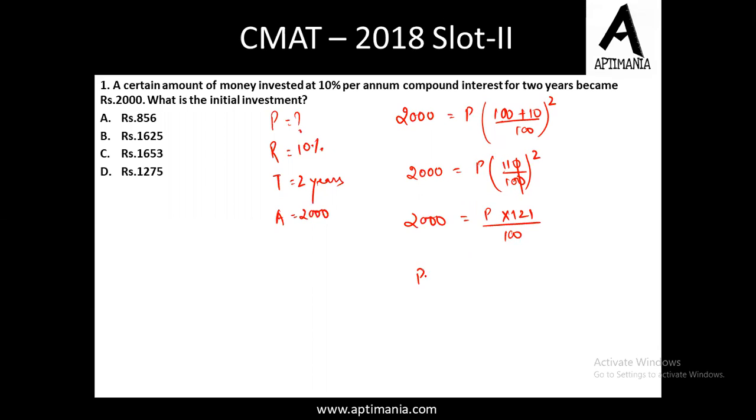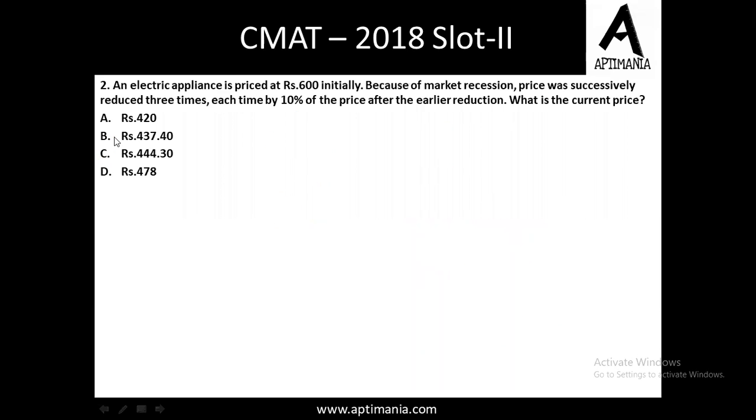So to calculate the value of p, what I'll do is 2000 into 100 and I'll divide it by 121. So on solving the value, I'll get the answer as 1653 approximately. So for question number 1, the correct answer is option C, 1653. Let's go ahead to the next question.